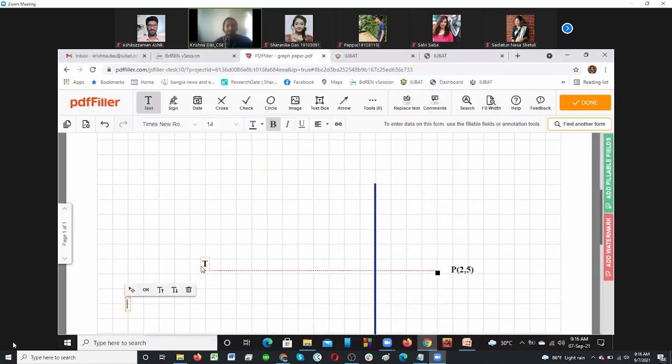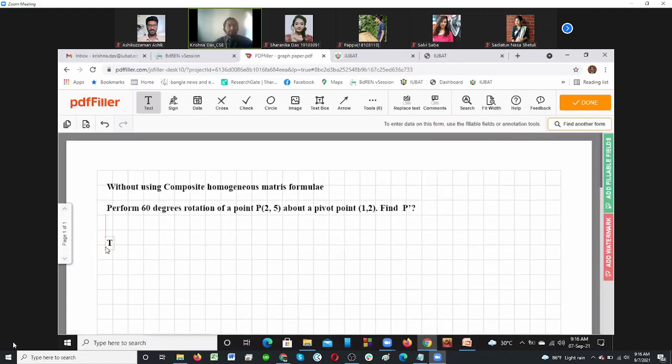So in the first operation, we need to translate the pivot point to the origin.